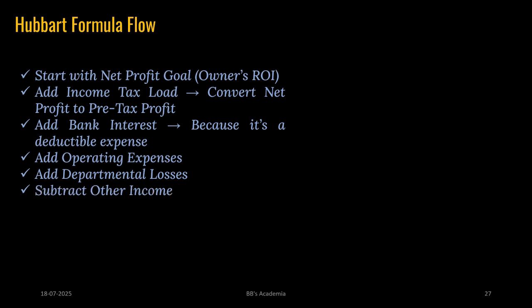Subtract other income. You have to minus the other income, because here we are focusing only on the room revenue management, not the revenue from the other areas. So subtract that income. Divide by the room nights sold, get your ADR. Okay, so this is the step.